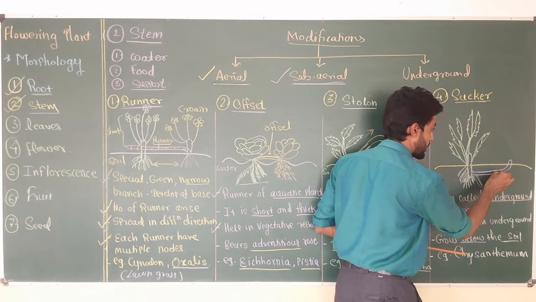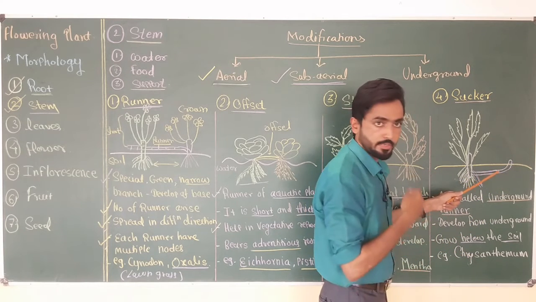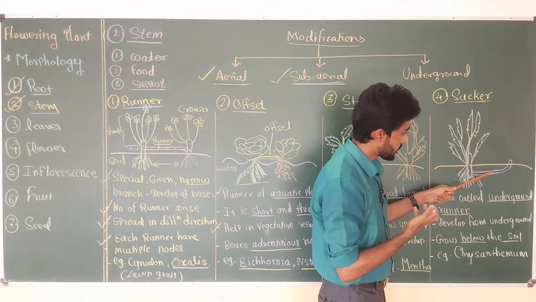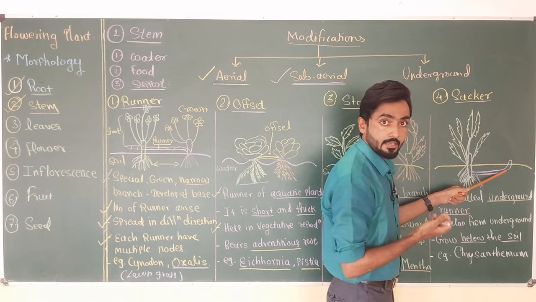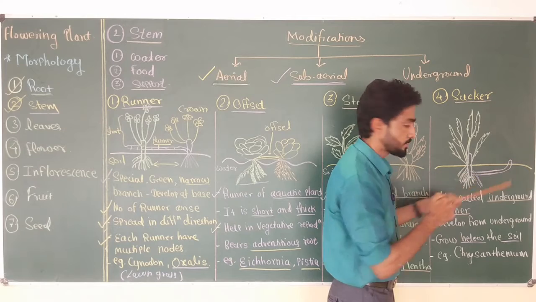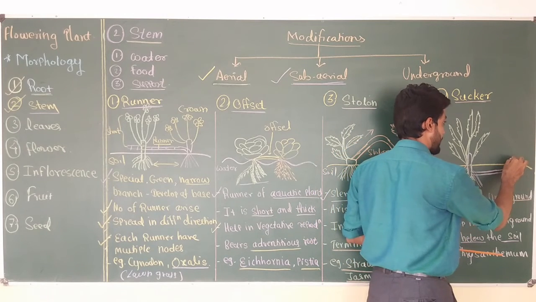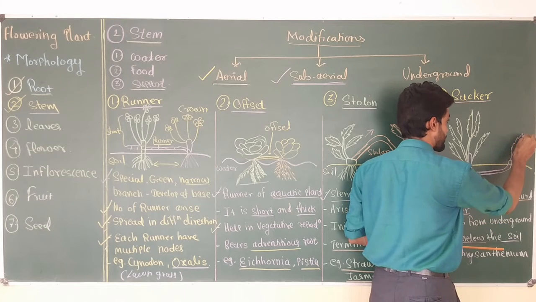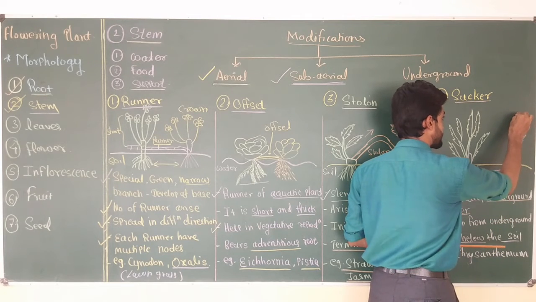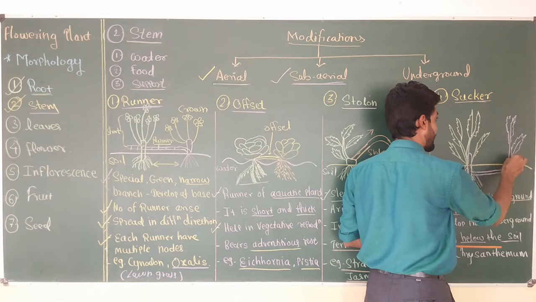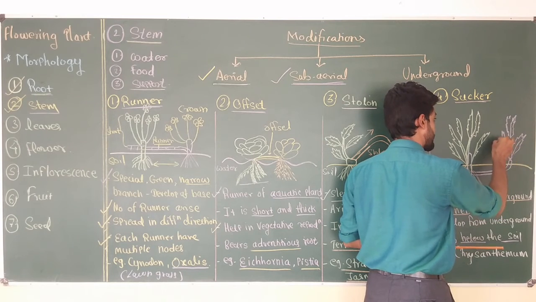After growing for some distance, the branch grows obliquely above the ground surface. Now this branch comes out of the ground, and this stem again develops leaves and shoot systems.